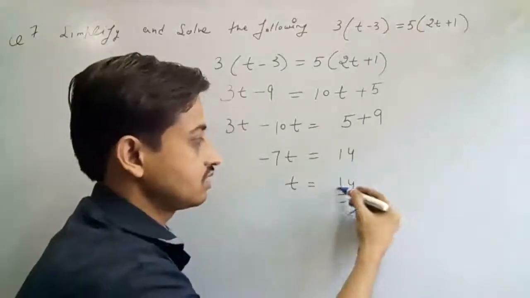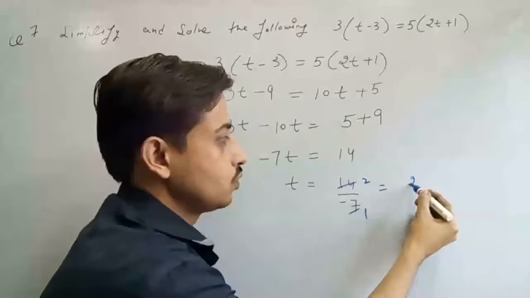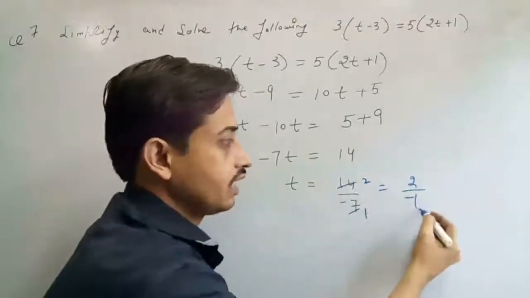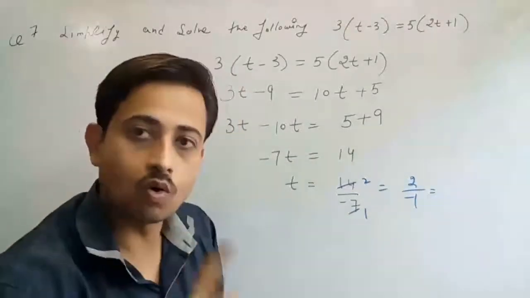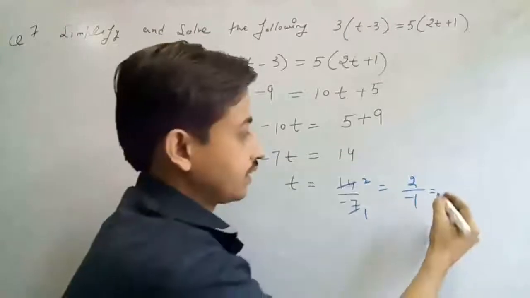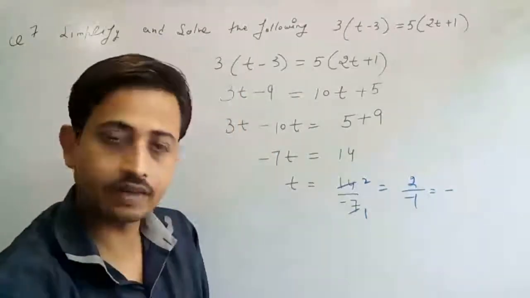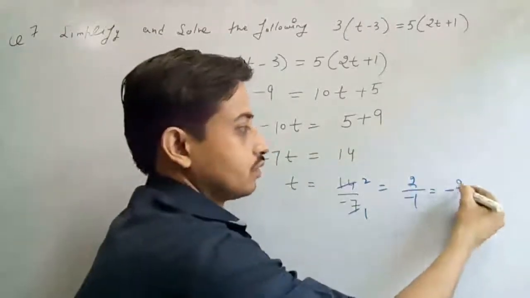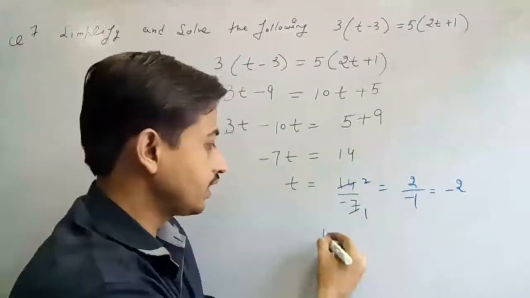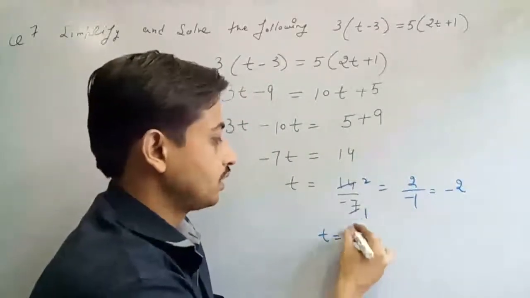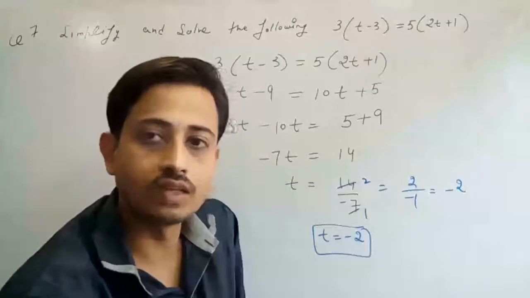We get 2 divided by minus 1, and we know the minus is always written in the middle. Negative. Now 2 by 1 is 2. So we get t is equal to minus 2. This is our value of the variable.